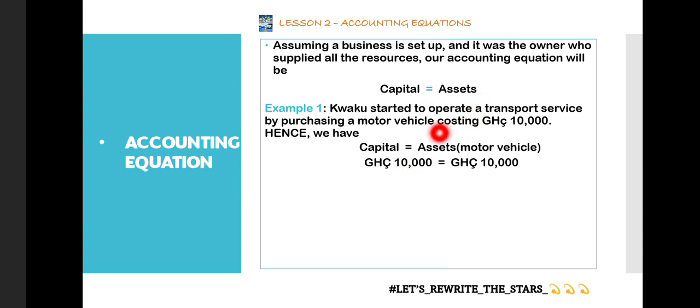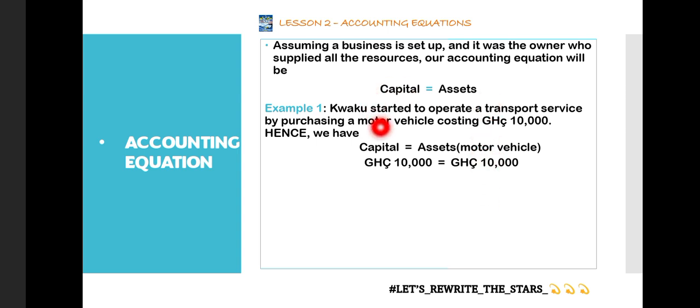So now the only property the business has, which is the asset, is the motor vehicle. And how much is the motor vehicle? 10,000 Ghana cedis. So now we're getting the concept. You realize that the capital, which is the resource introduced into the business by the owner, is the same as the asset or the property of the business.